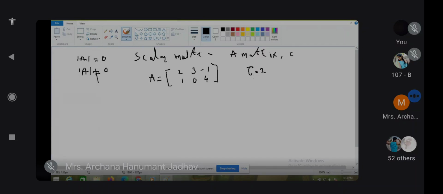So C is a scalar and A is a matrix. So how to find C into A?